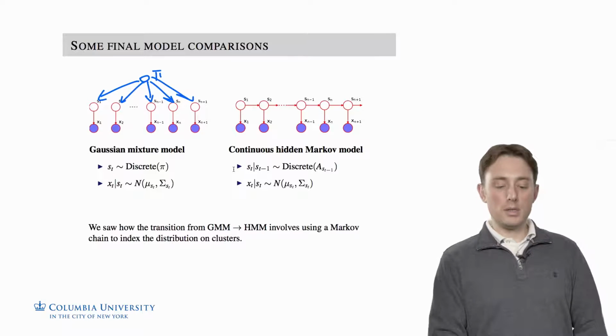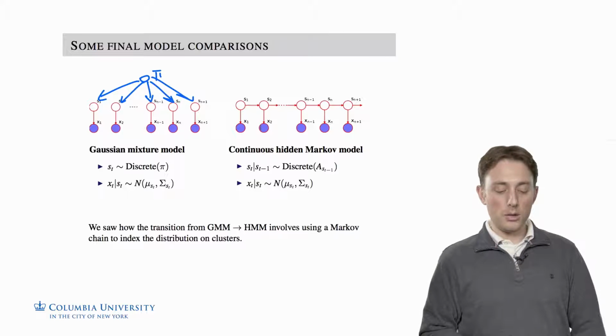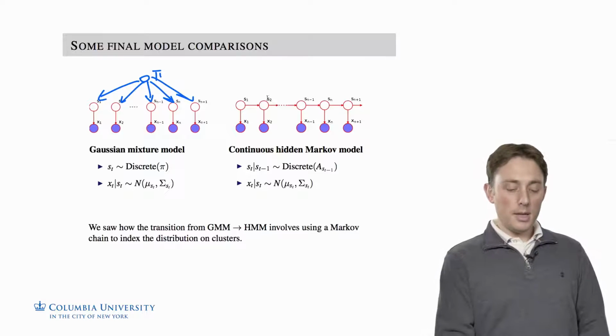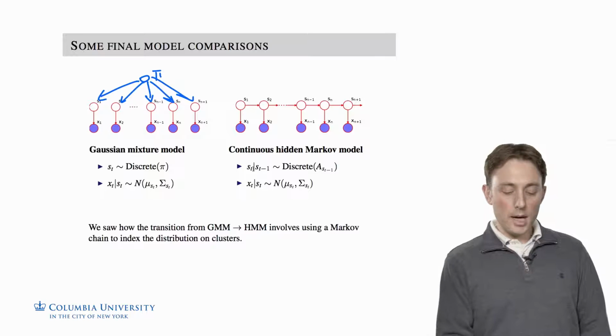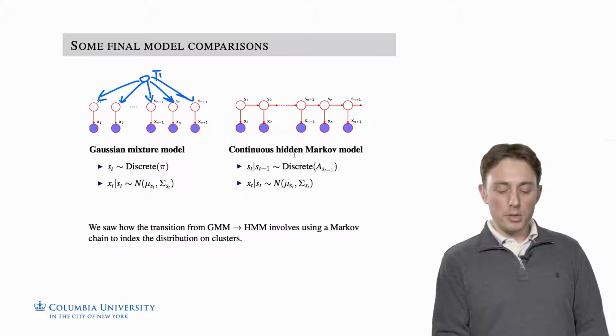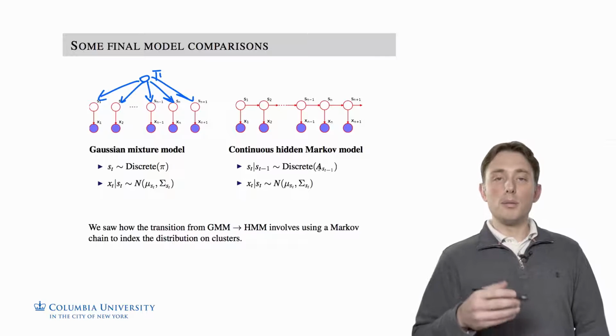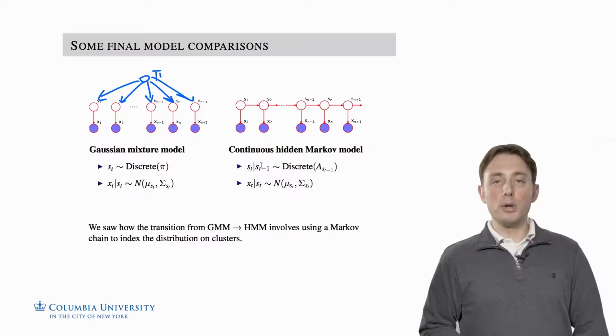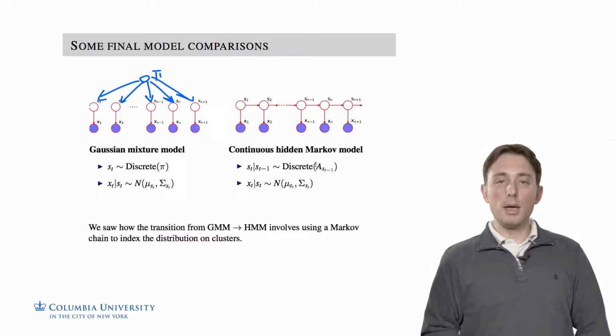With the continuous, with the discrete state hidden Markov model, what we now have is that the state at a particular time is generated from a discrete distribution where we pick out the probability distribution indexed by the previous time point. So A is a transition matrix.